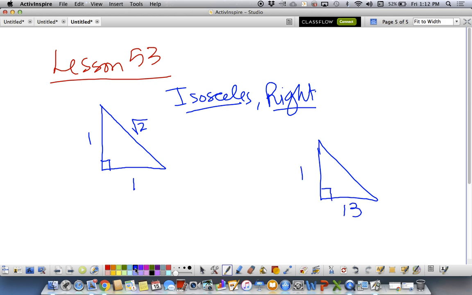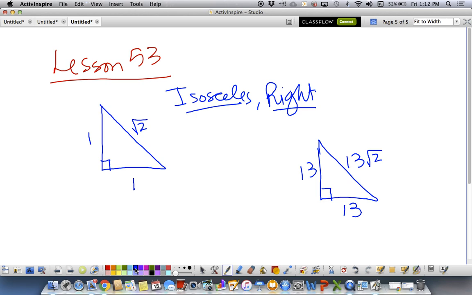That's 13. That's 13. Guess what the hypotenuse is? 13 times the square root of 2. Now, we could go to the Pythagorean theorem and prove that. We could, but we don't have to. There's no point. 13, 13, 13 times the square root of 2.